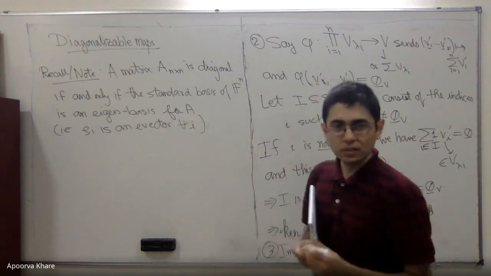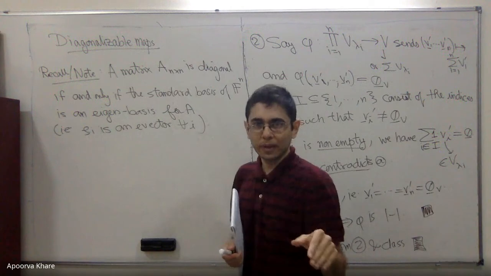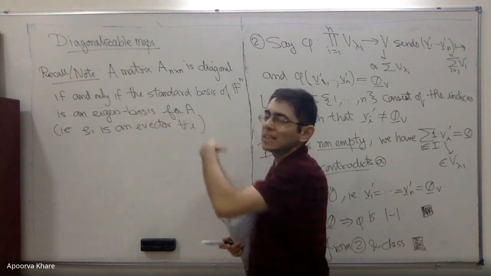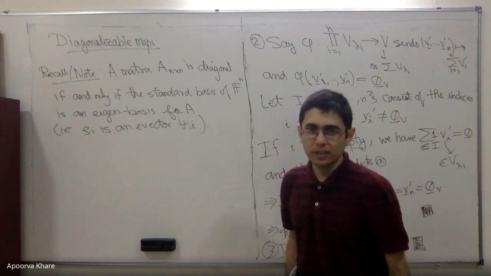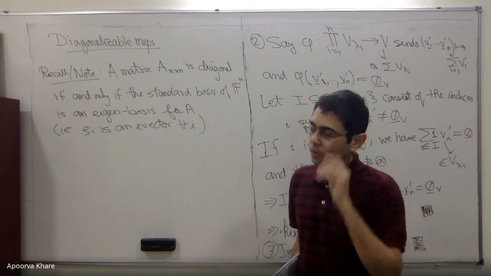One way is obvious, actually both ways are obvious. If A is diagonal, lambda 1, lambda 2, lambda n, then A times e_i is lambda_i times e_i. Conversely, if A times e_i is lambda_i times e_i, check for yourself, I won't even ask you.